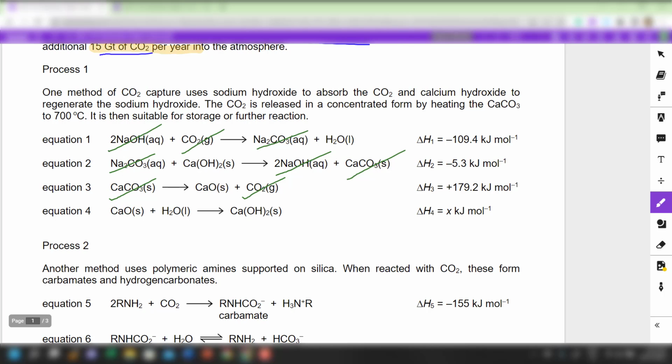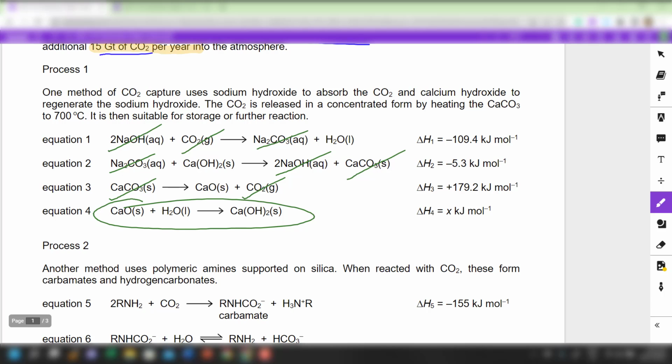Then what are we left with? We are left with calcium oxide solid and H2O liquid on the right hand side, and calcium hydroxide solid on the left hand side. But what we want for equation 4 is actually the reverse of what we get from adding equations 1, 2, and 3. So that means we should be summing up equations 1, 2, and 3 in their negative form.